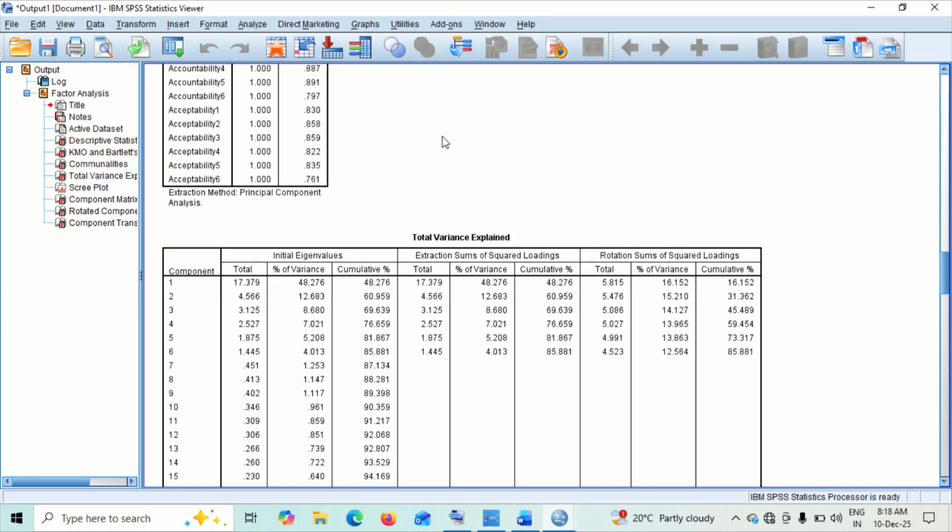Fifth and sixth components also explained 5.20% and 4.01% of variance in the adoption level. And this is the cumulative percentage of variance explained. Regarding the 6 components, there are 85.881% of total variance explained for the adoption level.